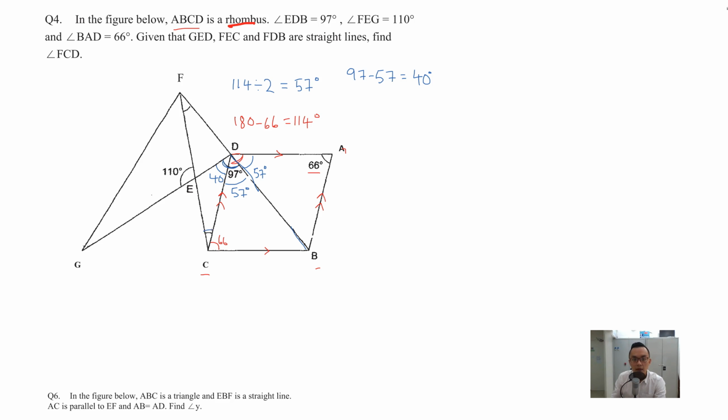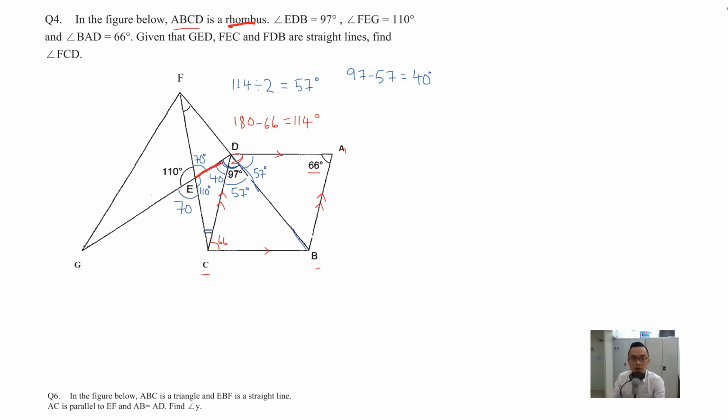Now this is the angle I'm looking for. The other angle that I can find is this one, which is vertically opposite 110 degrees. Since I know the two vertically opposite angles, I can take 360 minus these two, divided by 2, and this is 70 degrees. And I know that this is also 70 degrees.